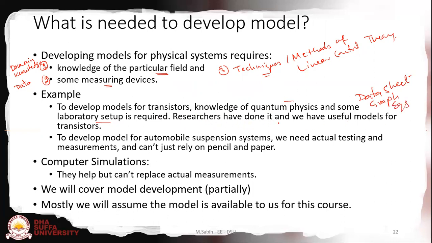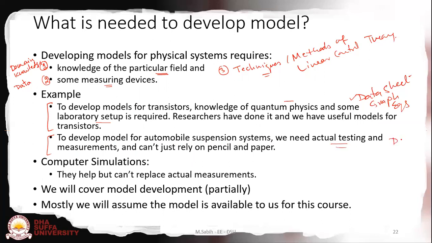So researchers have done it, and we have useful models for the transistor. The only thing is we have to read all the data sheets, understand and apply them. Then to develop a model, for example, for automobile suspension systems, we need the actual testing.